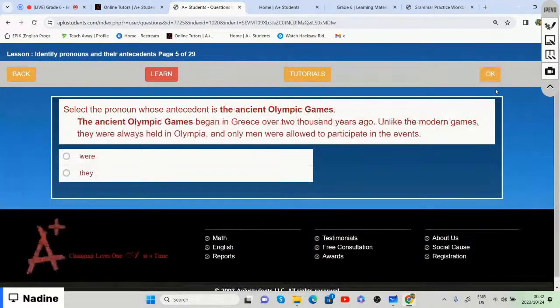We need to select the pronoun whose antecedent is the ancient Olympic Games. The ancient Olympic Games began in Greece over 2,000 years ago. Unlike the modern games, they were always held in Olympia, and only men were allowed to participate in the events.